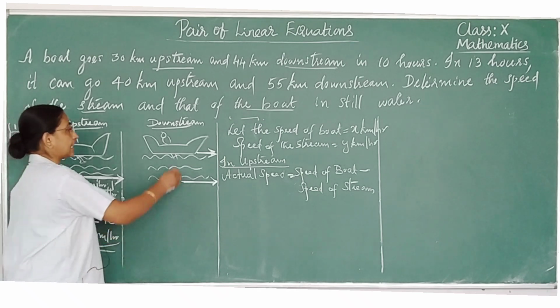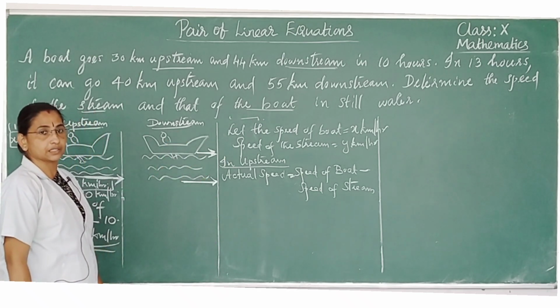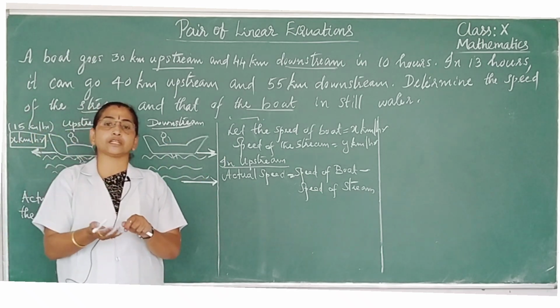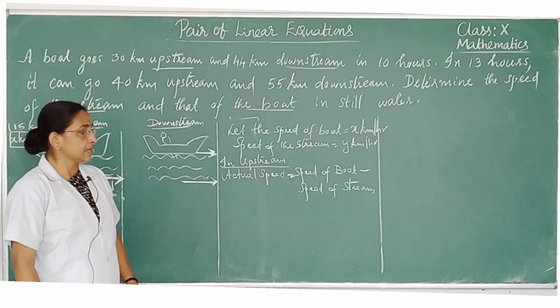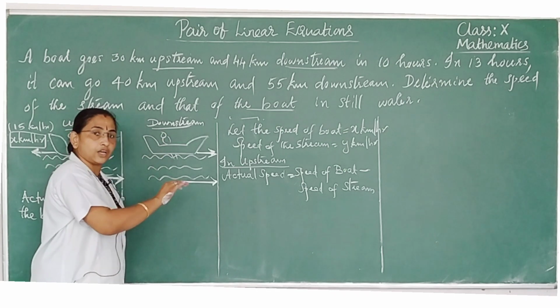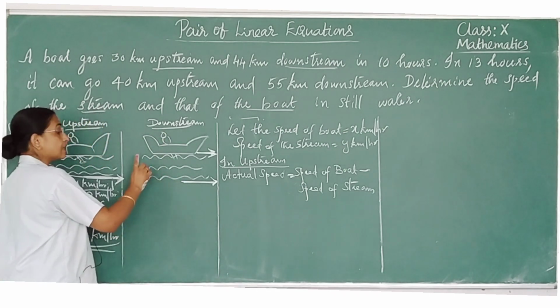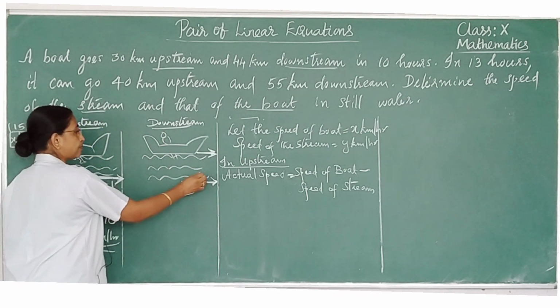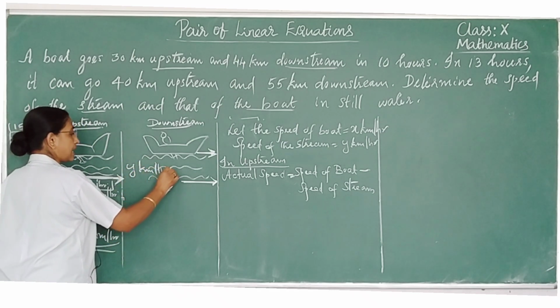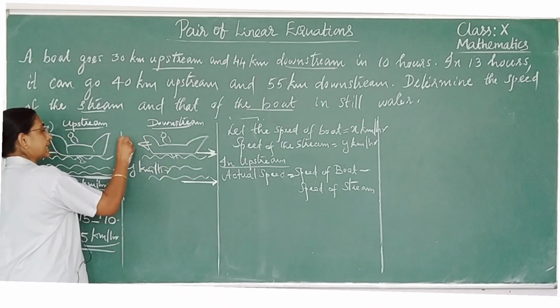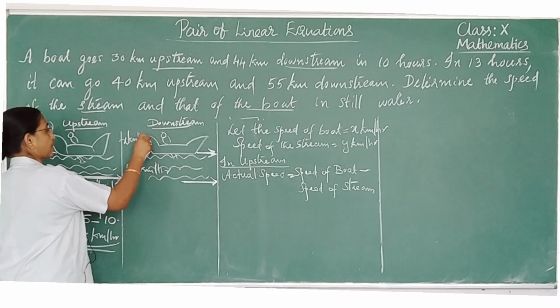In the same way, let us consider the downstream direction. You know that downstream direction means that it is moving along with the flow of the river. If the boat is moving along with the flow of the river, it has more speed. Let the speed of the stream be y km per hour and the speed of the boat be x km per hour.